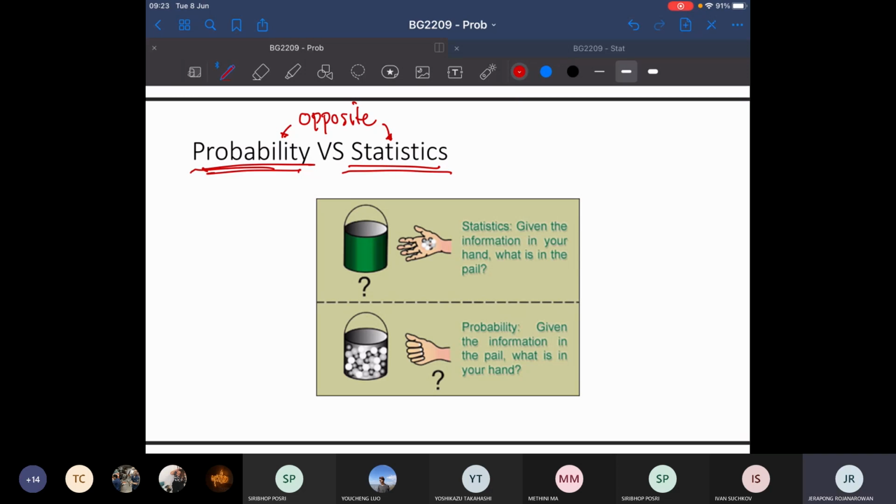Probability is the one that you're most familiar with. For example, I have a bin here, and in the bin I have white balls and black balls. Let's say I have 10 whites and 20 blacks. If I pick one over here, what is the probability that it's gonna be white?